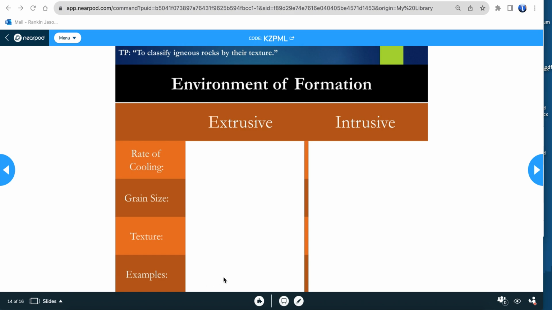Vesicular can be scoria, like in that picture, and fine can be basalt. Your examples for coarse can be granite, and very coarse would be pegmatite.